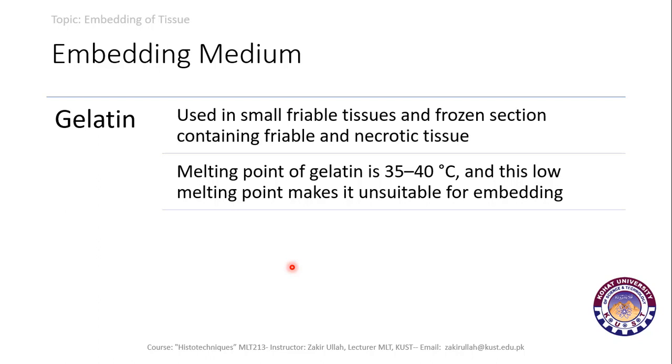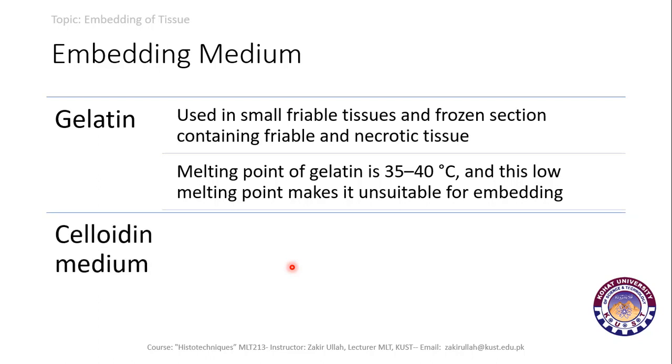Due to this melting point, gelatin is not used routinely for embedding, because in certain areas the room temperature is around 35 to 40 degrees centigrade, so it is difficult to maintain the tissue in the solidified form. That is the major disadvantage of gelatin.